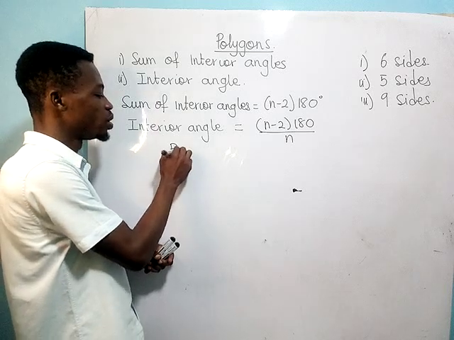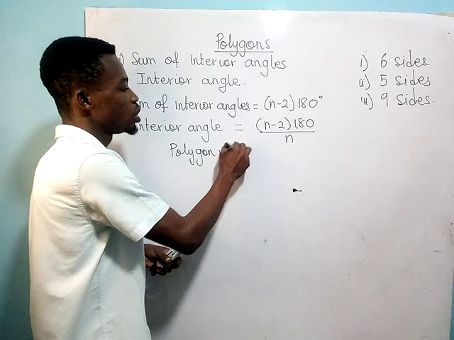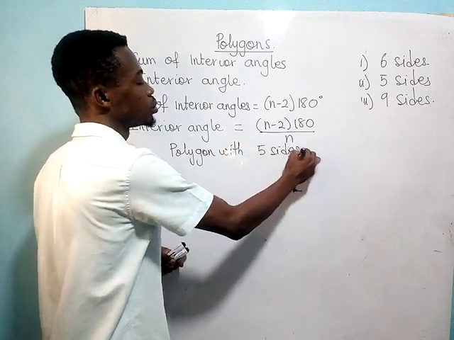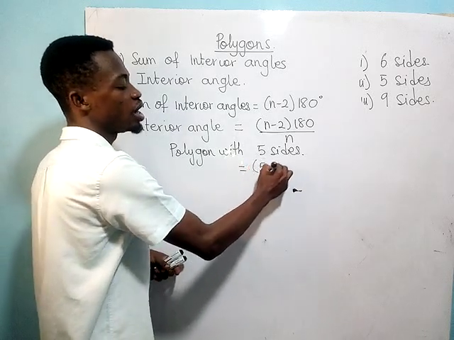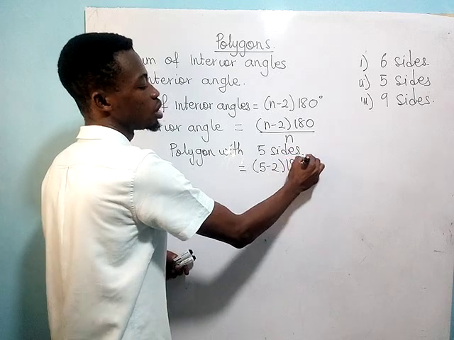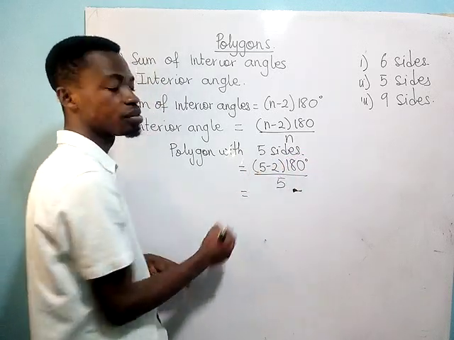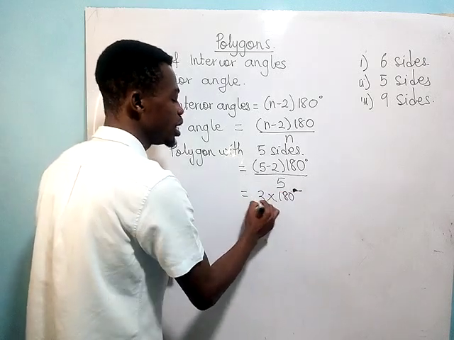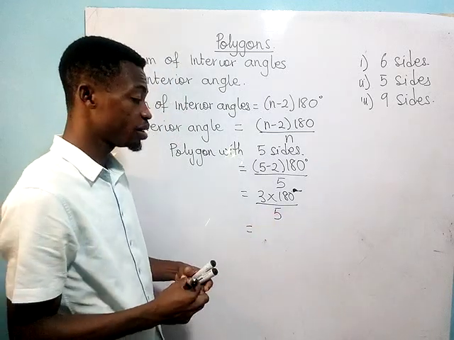Let's take a polygon with 5 sides. So we are going to have 5 minus 2 times 180 degrees over 5, where we have 3 times 180 degrees over 5.